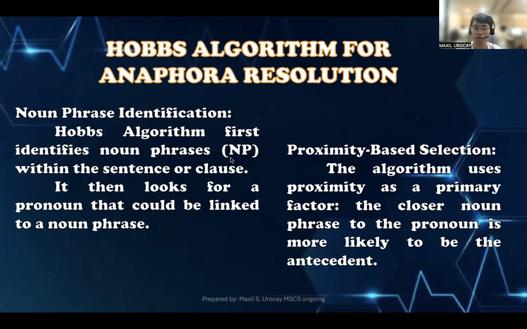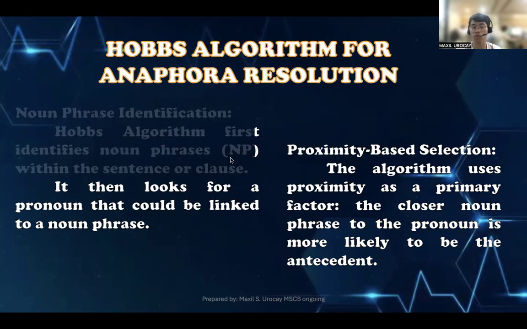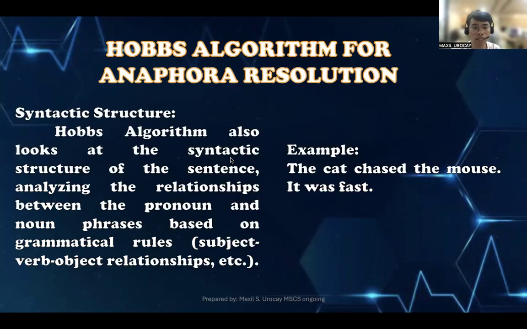The closer noun phrase to the pronoun is more likely to be the antecedent. So that is really simple. So in syntactic structure, the Hobbs algorithm also looks at the syntactic structures of the sentence, analyzing the relationship between the pronoun and noun phrases based on the grammatical rules. There will be the subject, verb, object relationships, and so on and so forth.